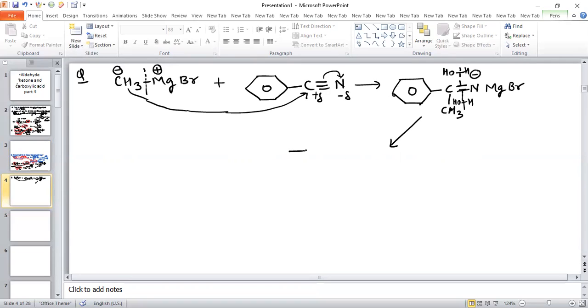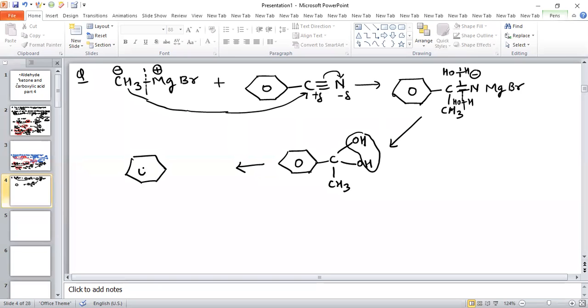So the product obtained in this case is C with a CH3 group, and there is only OH. Now OH and H are removed, so water is removed. And you can see the product obtained is basically benzene with a carbon containing the CH3 group, and this is a double bonded oxygen. So this product is obtained.